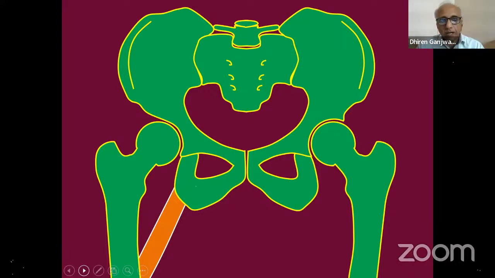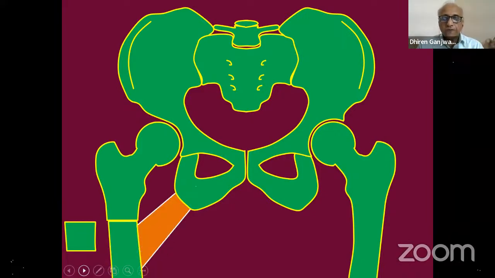And that leads to a possibility of either avascular necrosis or redislocation after surgery. So to avoid that, we need to take out a chunk of the shaft of the femur and carry out shortening of the femur. And when we carry out this, we need to fix it with a plate.